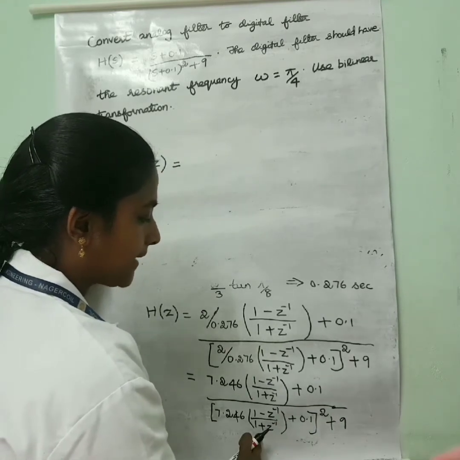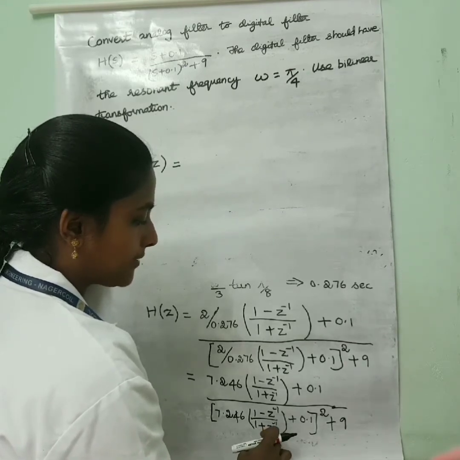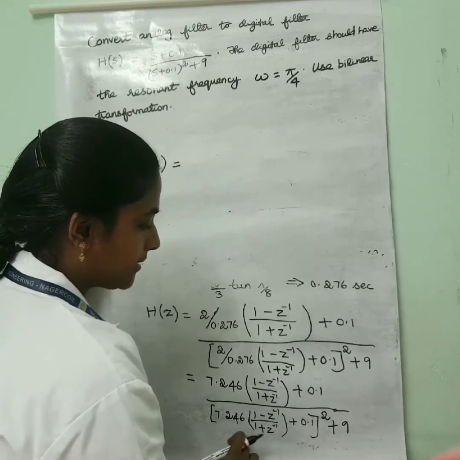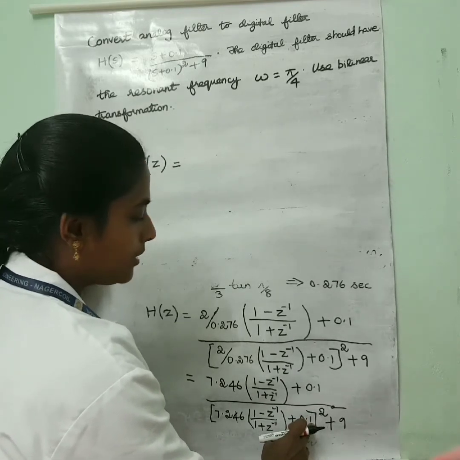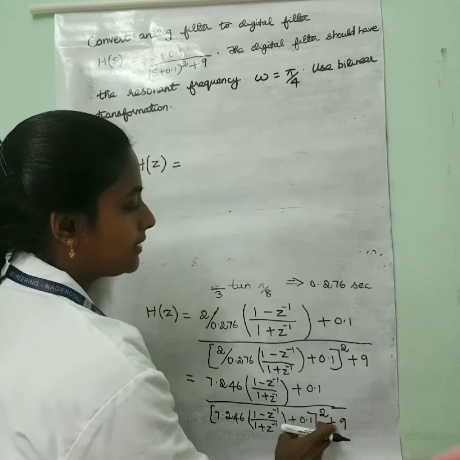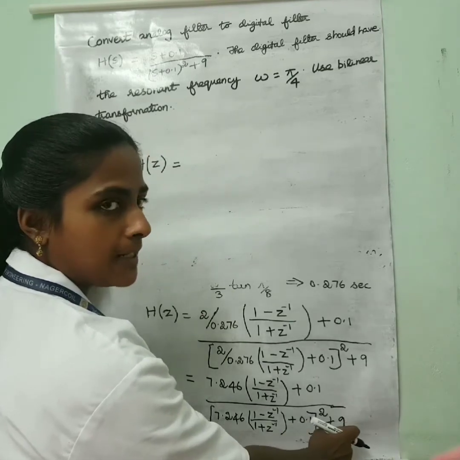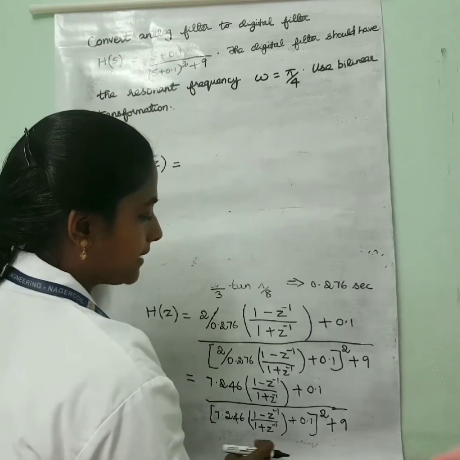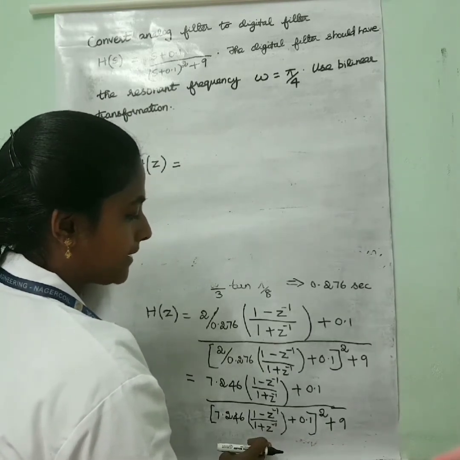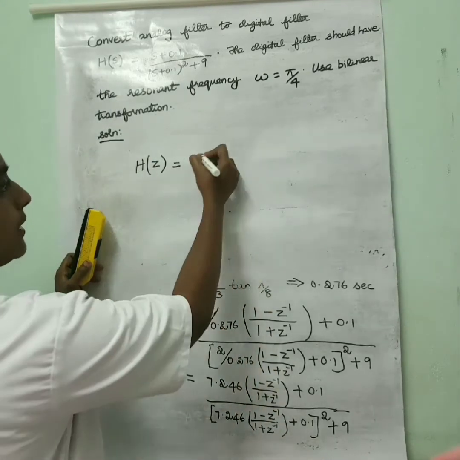So when you take LCM you will get this 1 plus z power minus 1 as the main term, which will multiply here. So you will get 0.1 into (1 plus z power minus 1). Then here also you will multiply by (1 plus z power minus 1) the whole square, and the denominator (1 plus z power minus 1) will get cancelled.